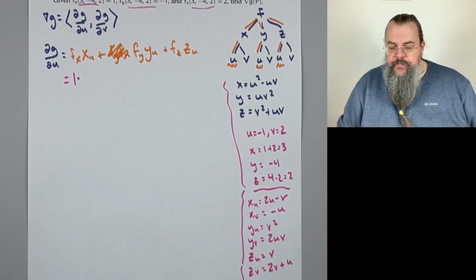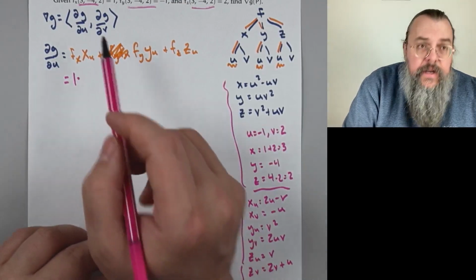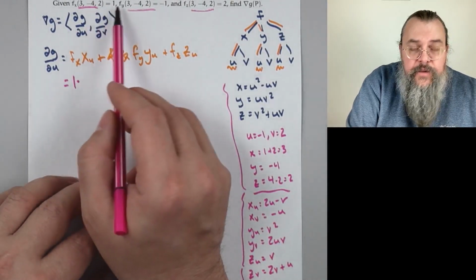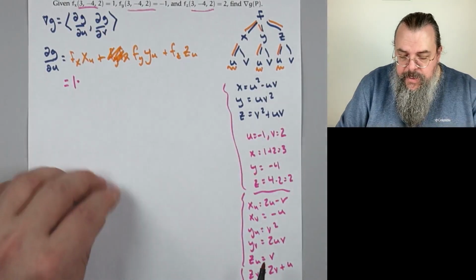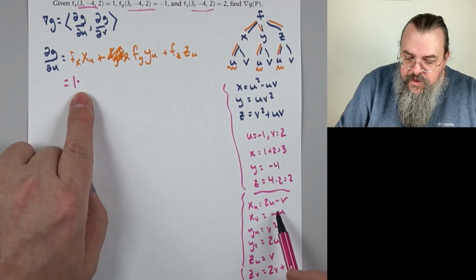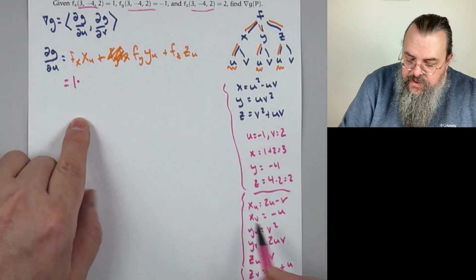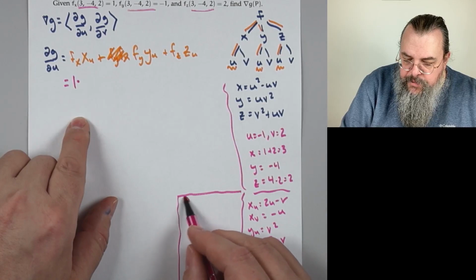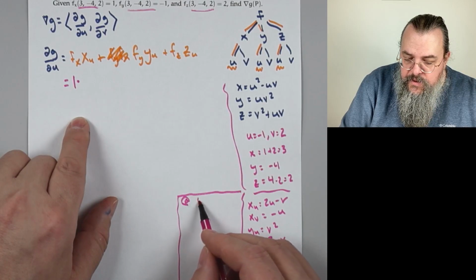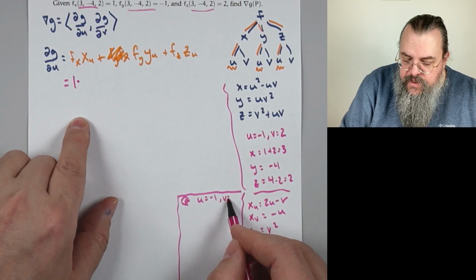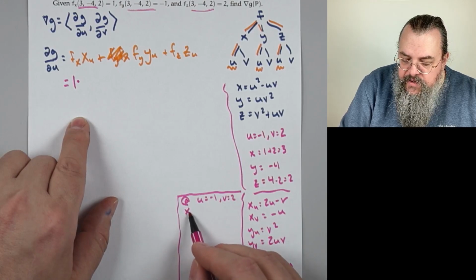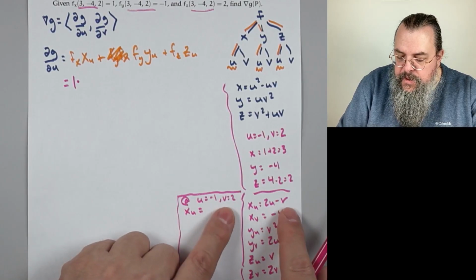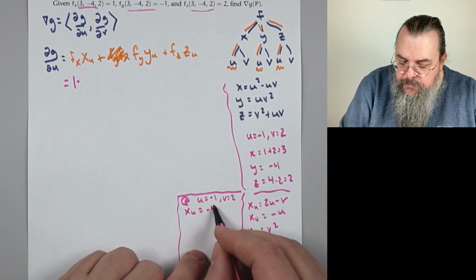All right, so we know f sub x at our point is 1. Now we're going to times it by x sub u. We should do it at our point, u equals minus 1, v equals 2. What happens? X sub u is minus 2, minus 2 is minus 4.